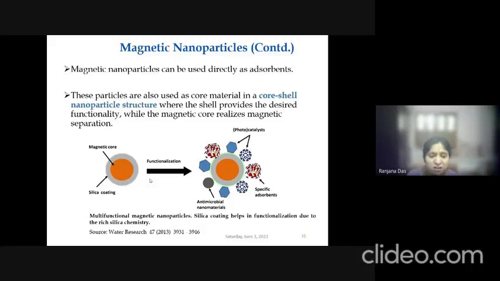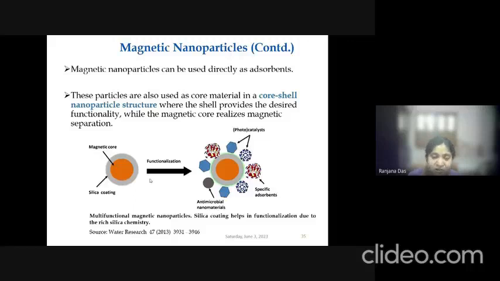You just use the adsorbent, and whenever you want to separate it, after its functioning is done, you place a permanent magnet there, it will attract all those superparamagnetic materials, and they will be separated from the media. So that's why the magnetic nanomaterials are so important.